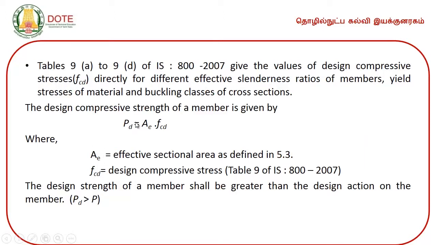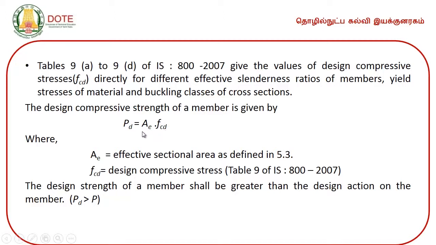And the design compressive strength of the member, in the sense of load carrying capacity or compressive load carrying capacity, is load, and load is equal to area into stress, that is all. So the strength of the compression member, or design compressive strength of the member, is given by the product of the effective area of the member and the design compressive stress of the member.